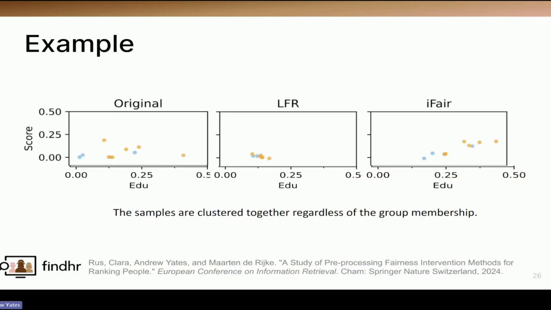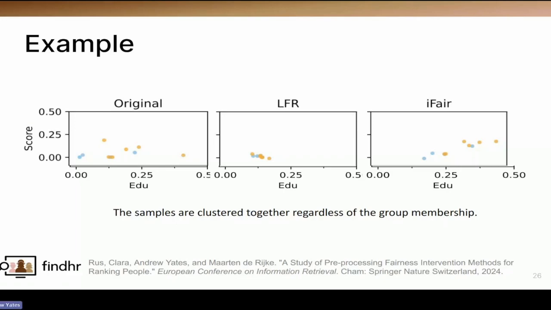The feature vectors are more similar than they were before. And then on the right, you see an example with iFair, where things are perhaps more similar than they were before in the original, but the effect is not as strong as with LFR.